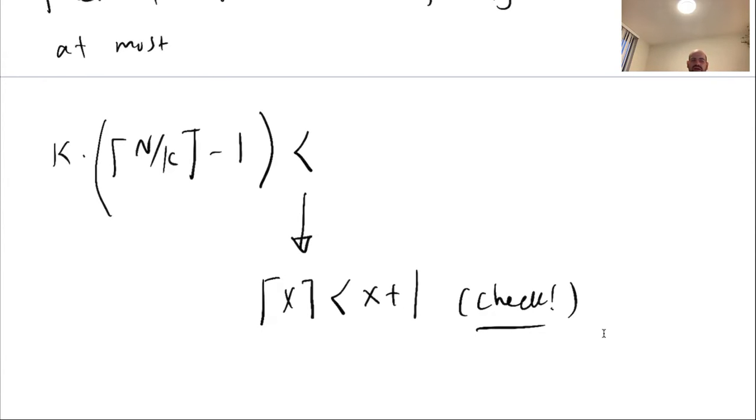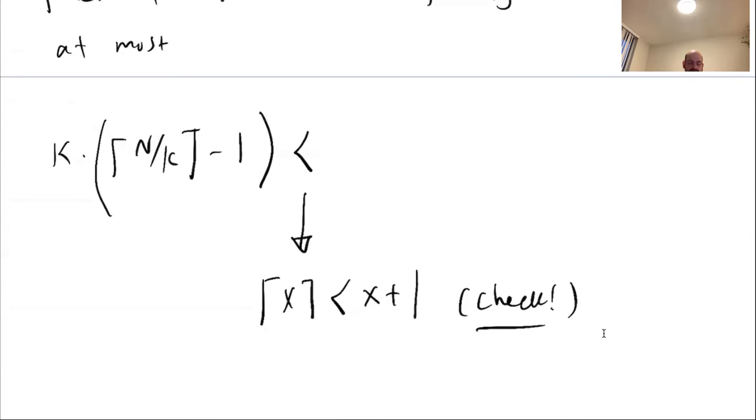But if I want to give you the idea why this is true, ceiling means the smallest integer greater than or equal to the number. So if the number is an integer itself, like 5, the ceiling will also be 5. And of course, 5 is less than 5 plus 1. So in that case, there's no problem. If the number has some decimals, let's say 5.1, then the ceiling will be 6. And 6, which is the ceiling, is less than 5.1 plus 1, which is 6.1, right? So whether the number has decimals or not, this will be true.